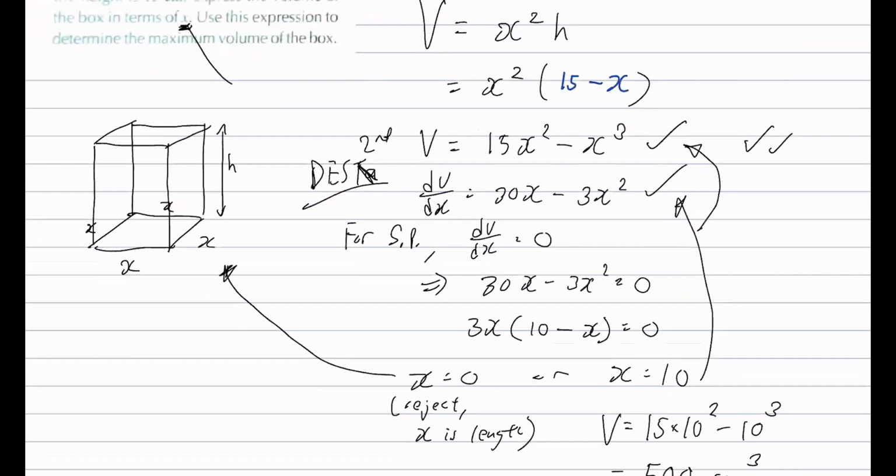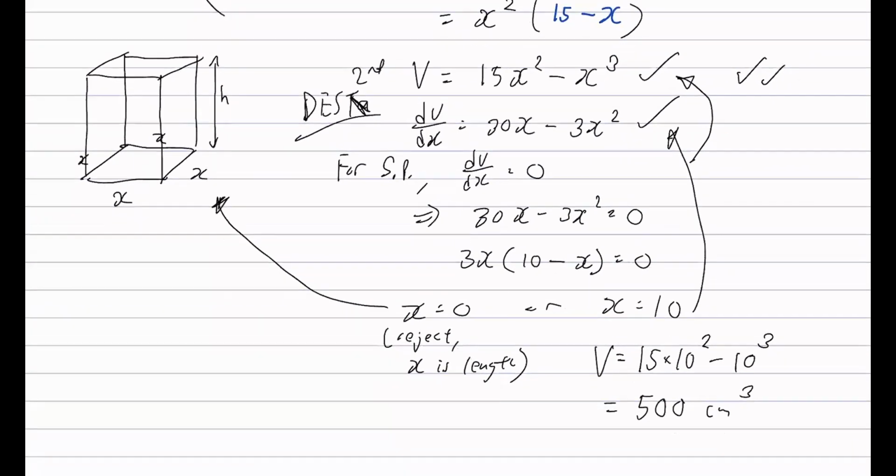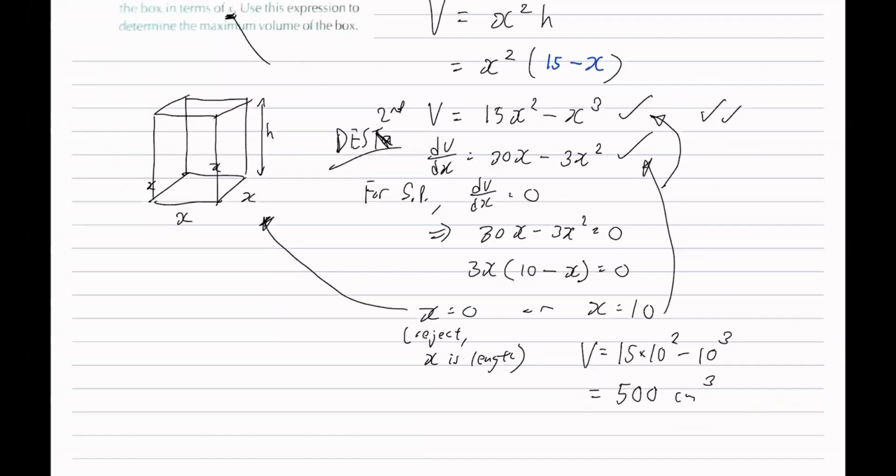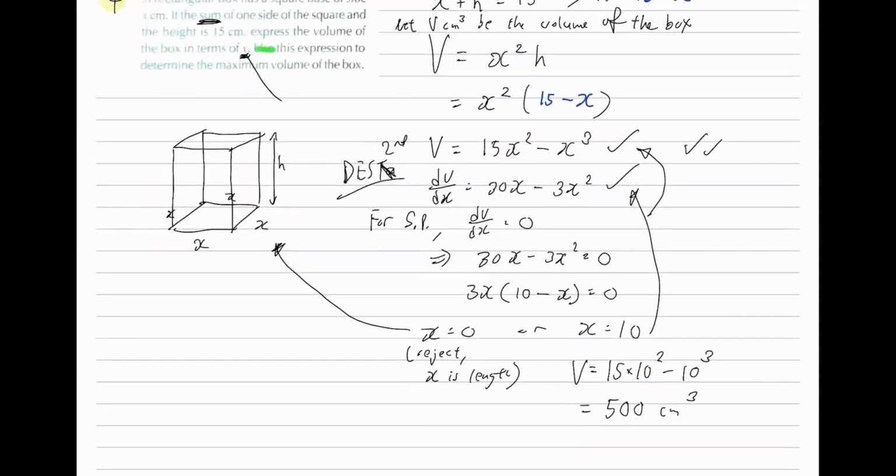How to show that it is a maximum? How do you know for sure this is maximum? Sorry, I should show you the question. Use this expression to determine the maximum volume of the box.